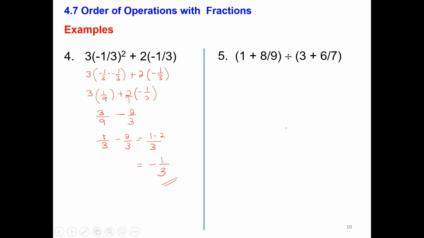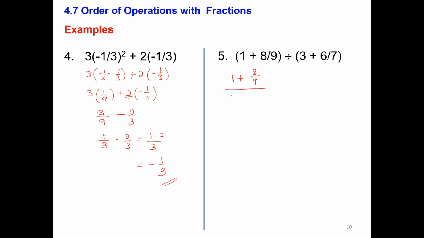The number 5, we have the division. This is the numerator and this is the denominator. I want to write this one in this way, because in some cases you will see problems like that. It's just to show you that you can write this problem also in this way.